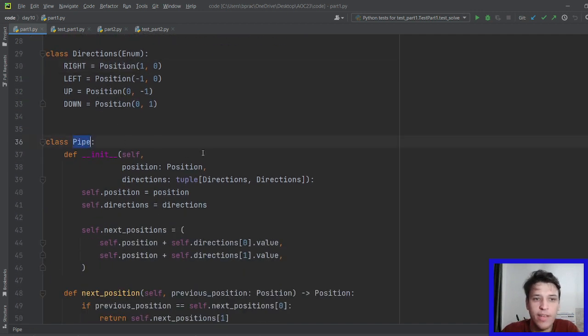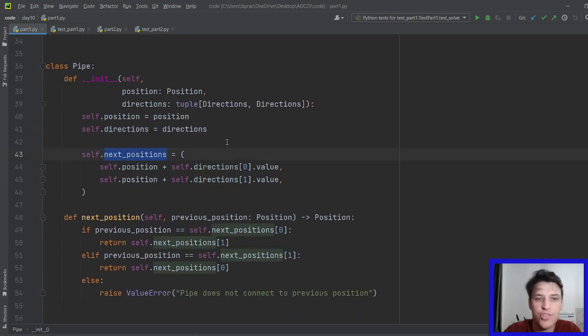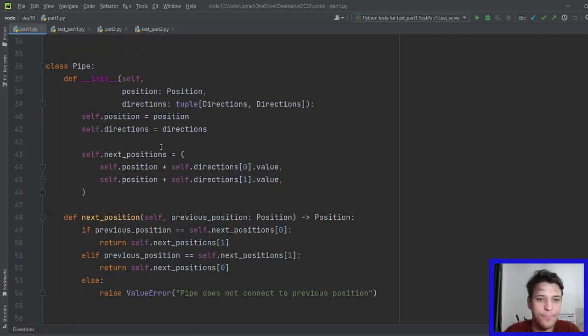And then we can define pipes. We initialize a pipe with a given position and two directions. The position and the directions are saved, and then the next positions are given by essentially taking the position of the pipe and adding the position corresponding to each of the directions, where the value gives us this part of the enum, the position vector.